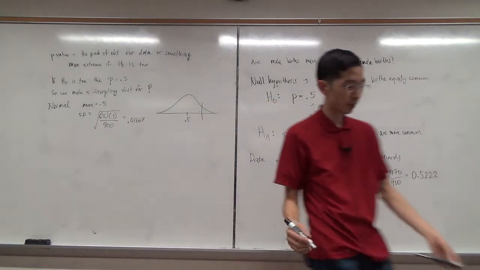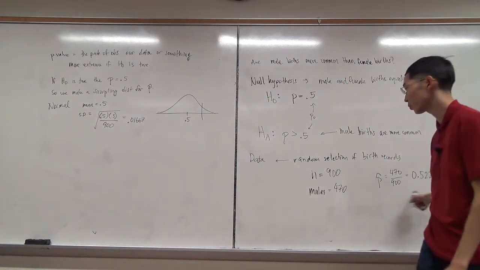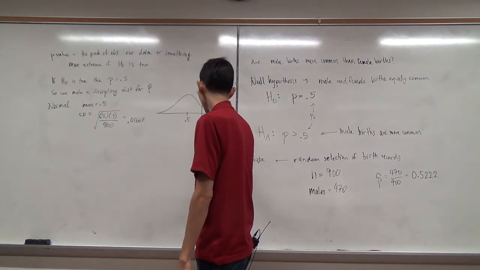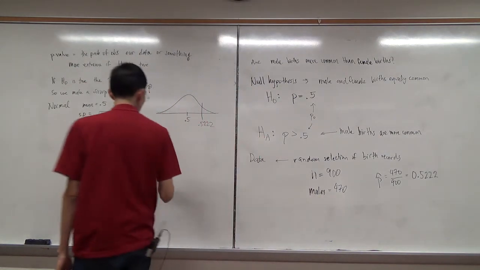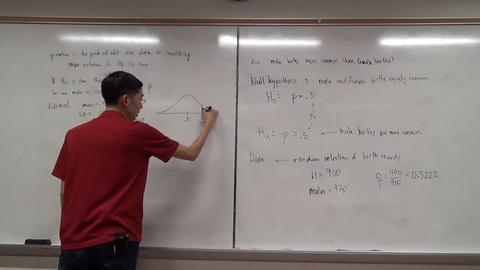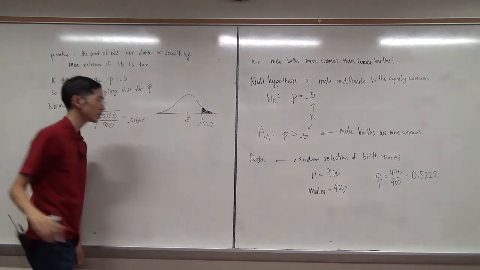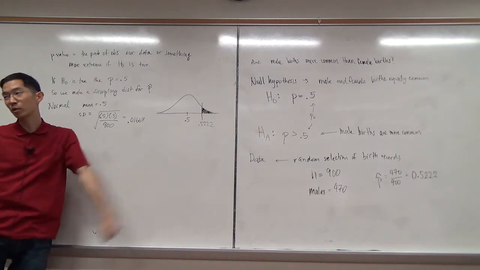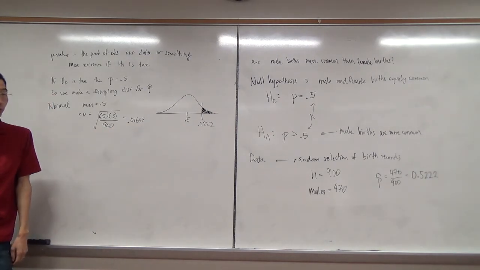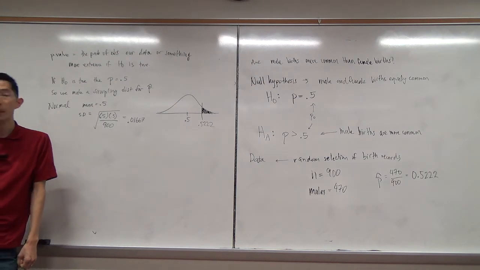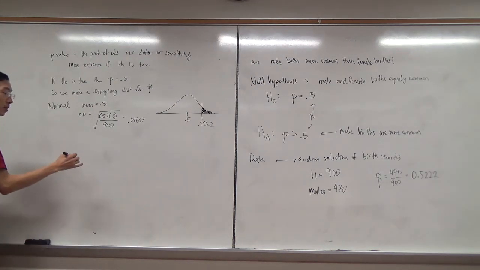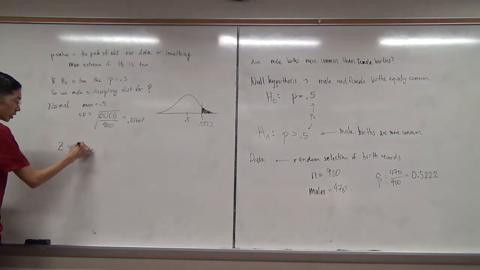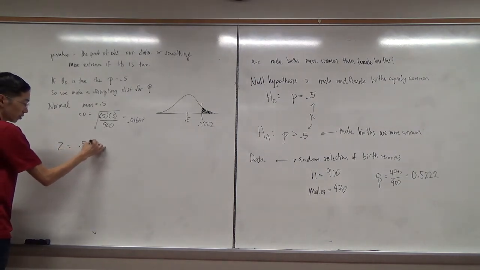But what did we observe? We didn't observe a proportion of 0.5, we observed a proportion of 0.5222, okay? And so we want to know, if the null hypothesis were true, what's the probability of us observing a random sample where the proportion is 0.522? Okay. So we get a z-score: 0.5222 minus 0.5 divided by 0.01667.